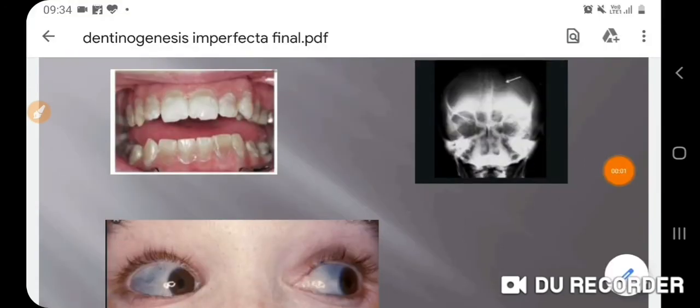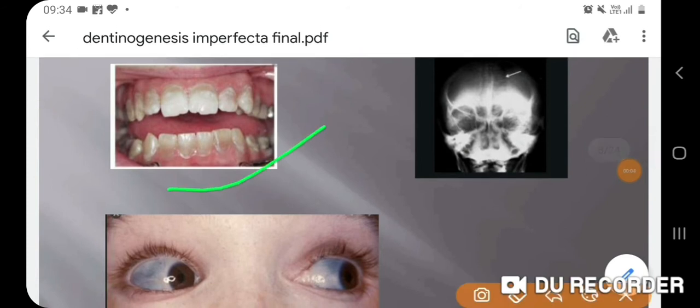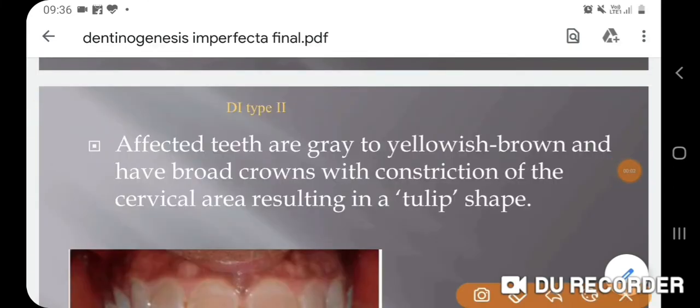It affects both primary as well as permanent dentition, and a Wormian skull defect is also seen in Shields type 1, and blue sclera is also seen. In this classification, osteogenesis imperfecta is involved, and those features are also observed, that is the Wormian skull defect and the blue sclera.